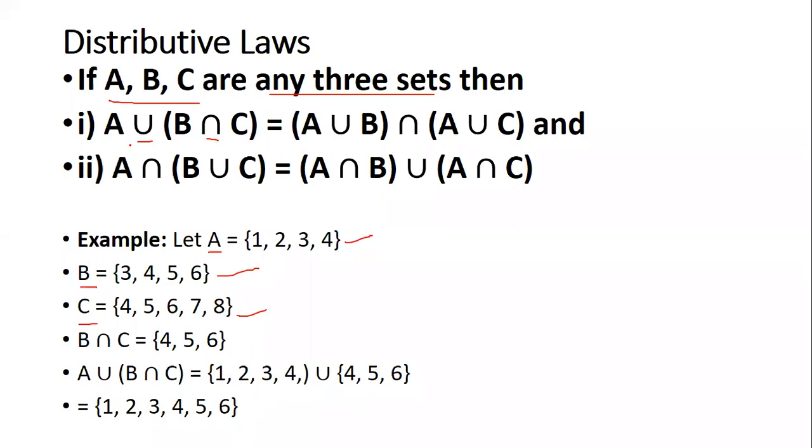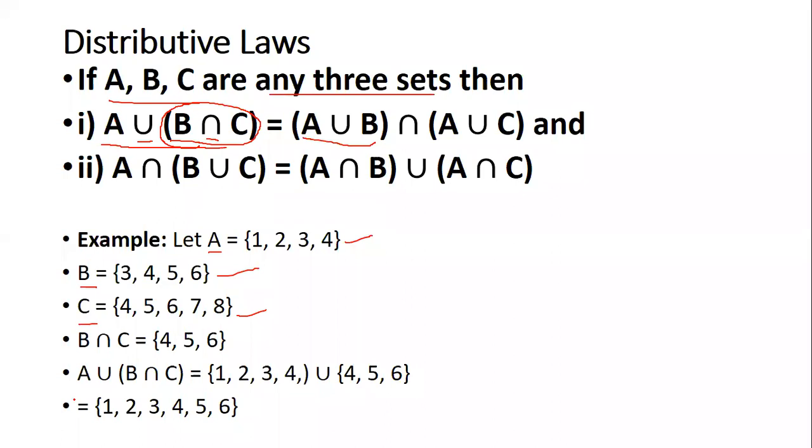Here you're supposed to first find out what is B intersection C, because whatever is inside the bracket has to be solved first. So B intersection C we will find out, and then we will find A union B intersection C. Whatever result we get will be equal to A union B.